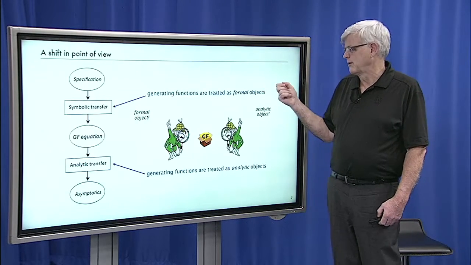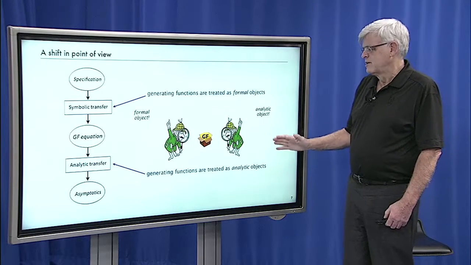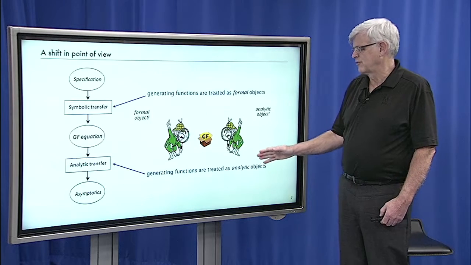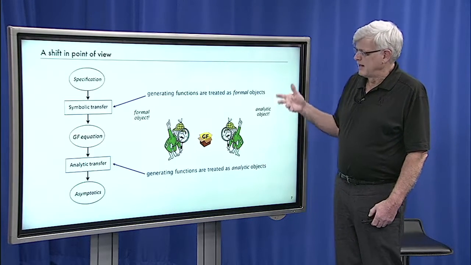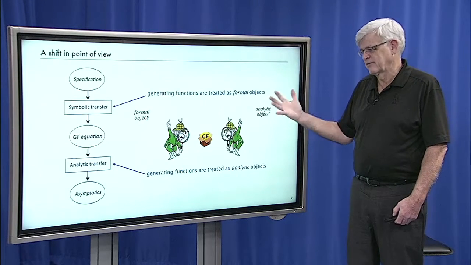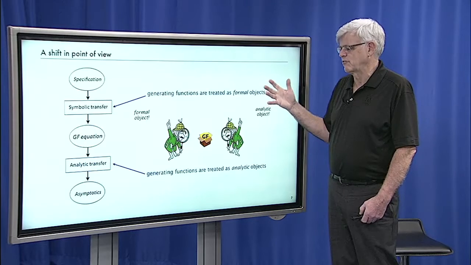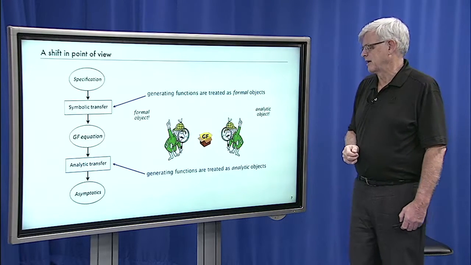Starting with George Polya many decades ago, some mathematicians started to realize that we could also treat generating functions as analytic objects, a completely different point of view. And they're the same function, and we need some rigorous justification of it, but in the end, that's how we get our asymptotic results.